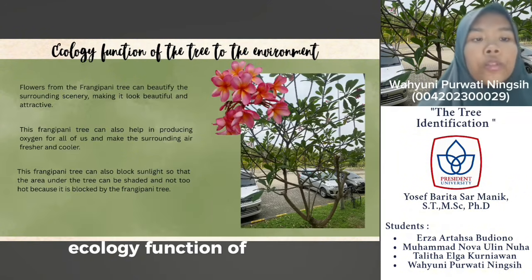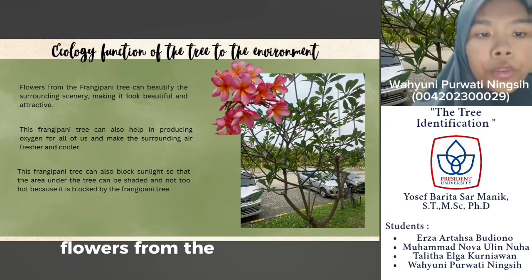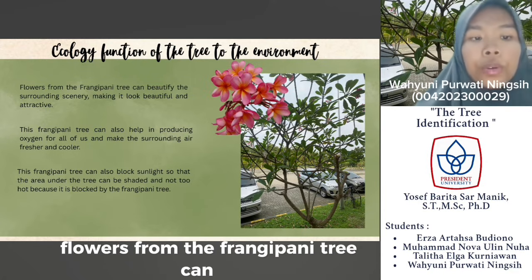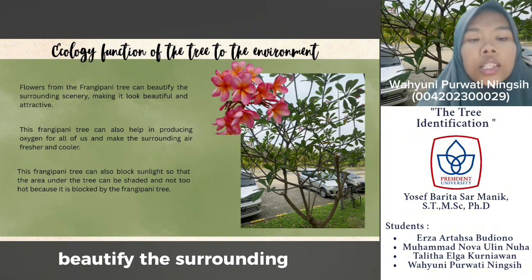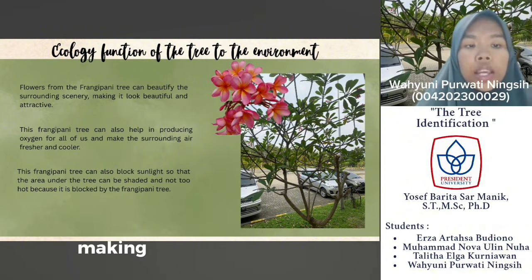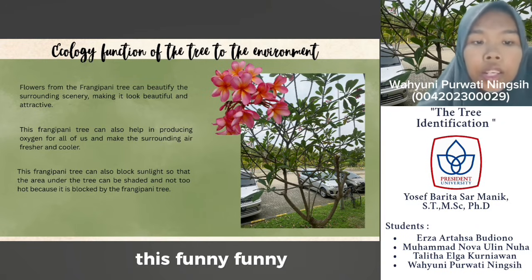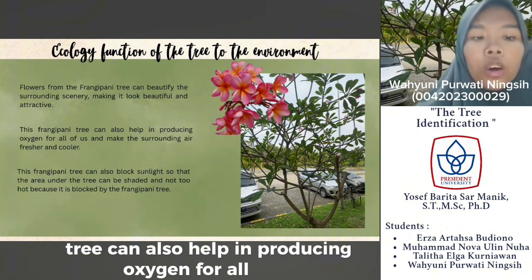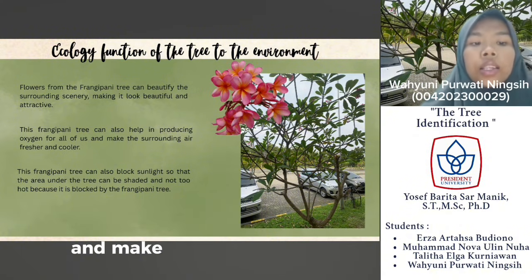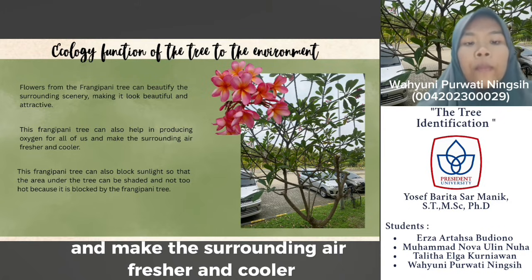Ecological function of the tree to the environment. Flowers from the frangipani tree can beautify the surrounding scenery, making it look beautiful and attractive. This frangipani tree can also help produce oxygen for all of us and make the surrounding air fresher and cooler.